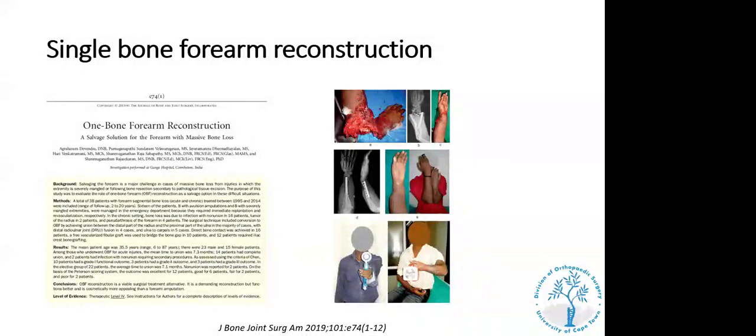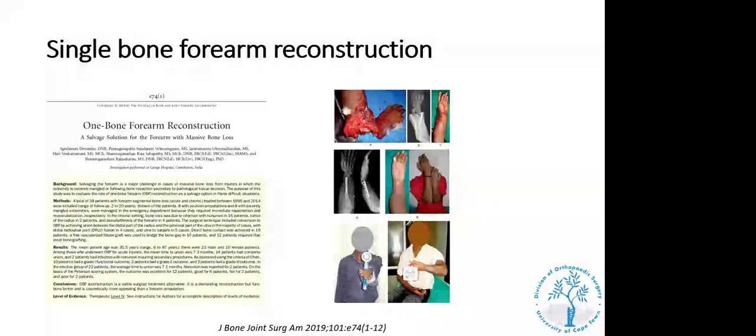Single bone forearm, I'm not sure if any of you guys are familiar with that. So single bone forearm reconstruction is a technique that is described in defects of the forearm, where you basically plate one of the forearm bones onto the other one.